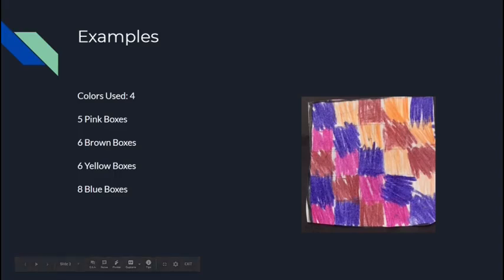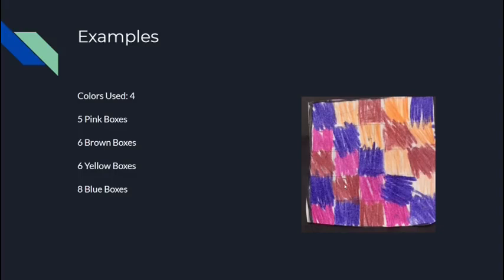This is a student who used 4 colors. There's the blue, there's pink, there's this yellow, and there's brown. So when we count them, we find out there's 1, 2, 3, 4, 5 pink boxes.